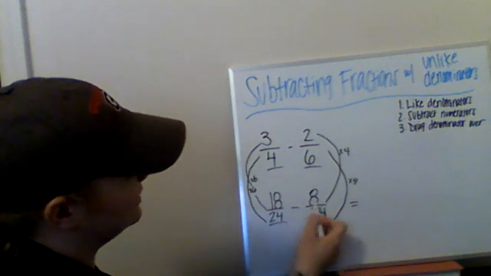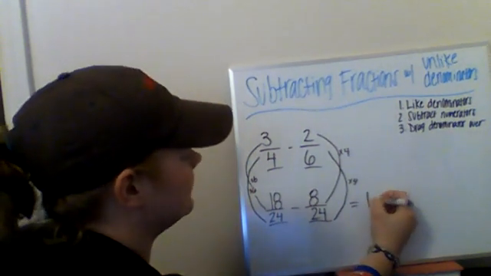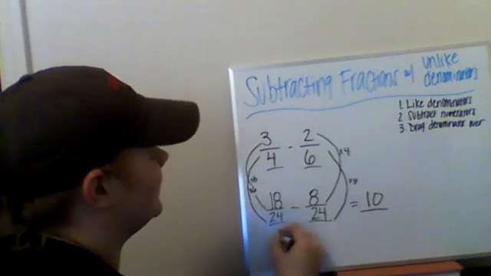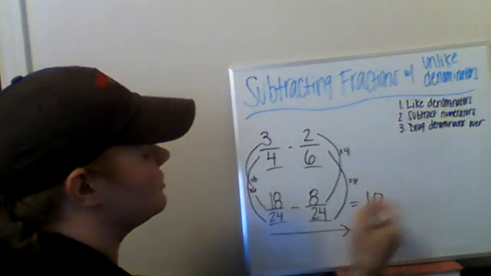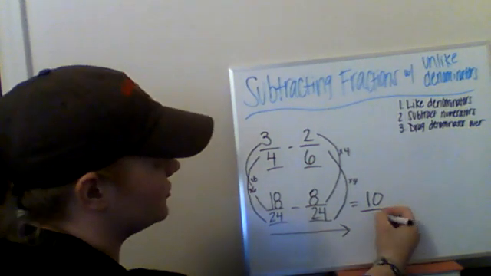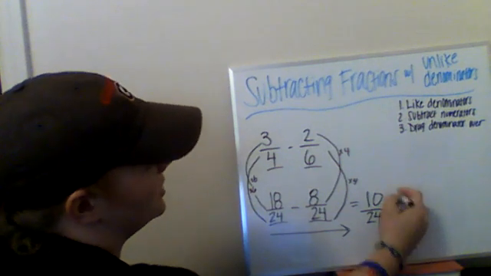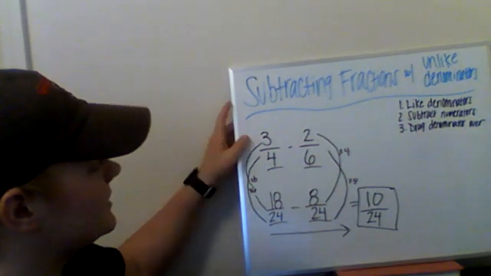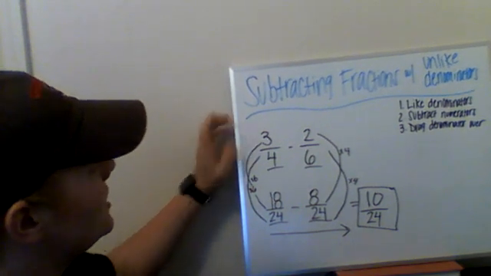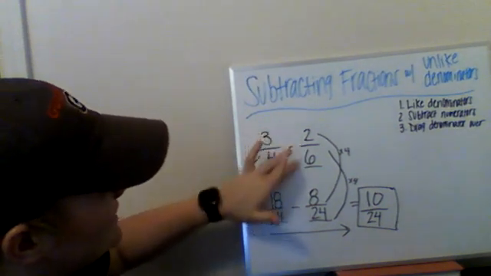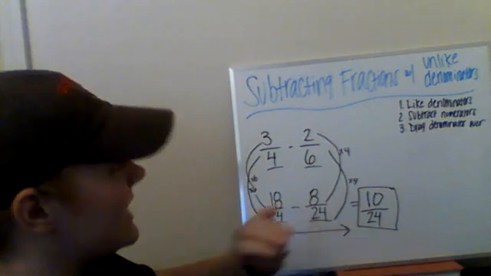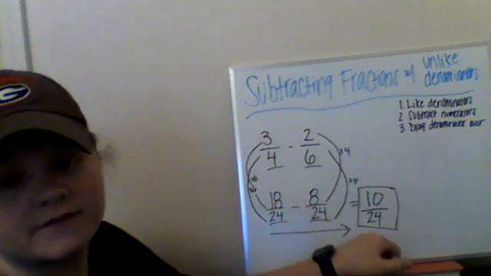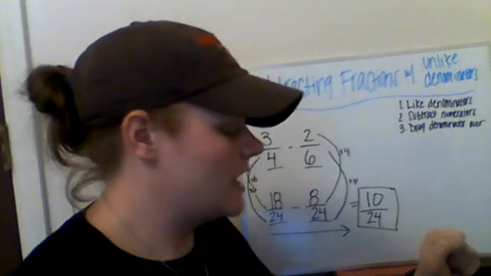So 18 take away 8 is 10. Okay, then I'm going to drag my denominator over, sorry, for 24ths. So my answer is 10/24. So if I go back to the top that has my original problem, 3/4 take away 2/6 is equal to 10/24, right?